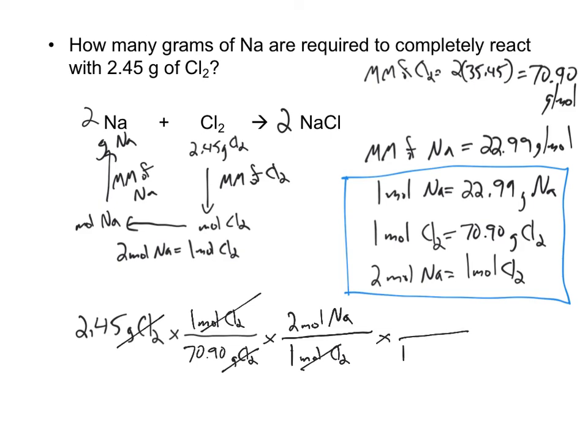Then the molar mass of sodium. Alright, so 2.45 times 2 times 22.99 divided by 70.90, and I get 1.59 grams of sodium.